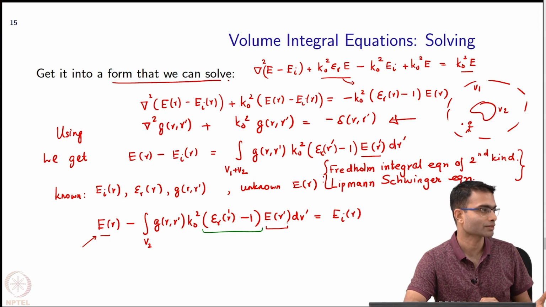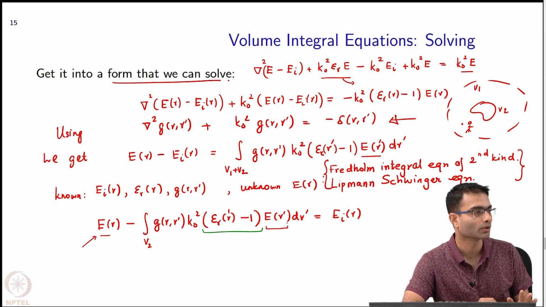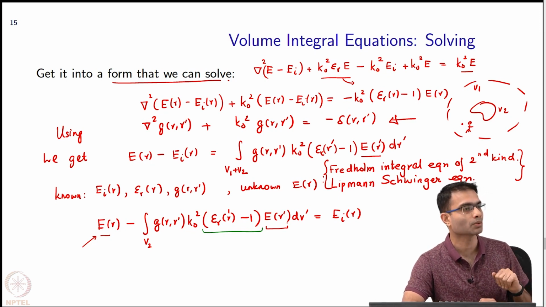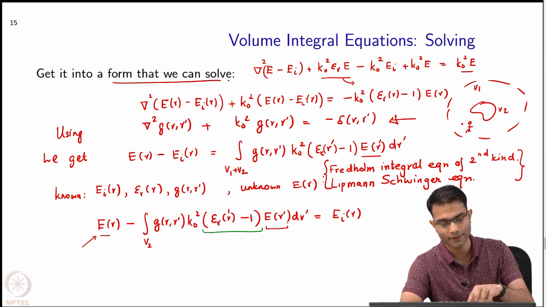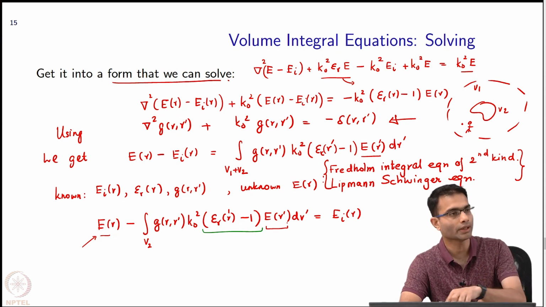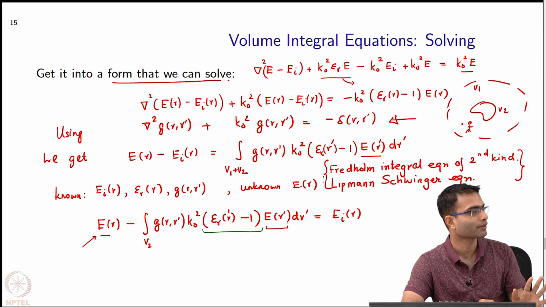So, I can't actually use this equation right now. What is the first step I should do? If I know E inside V2, am I done? Yes. If I know E inside V2, then the integral I know, therefore I know E everywhere.